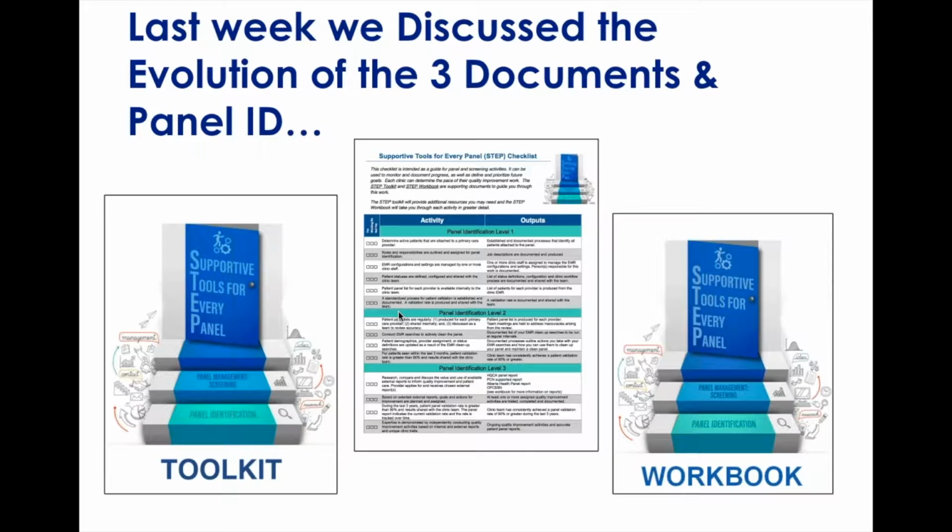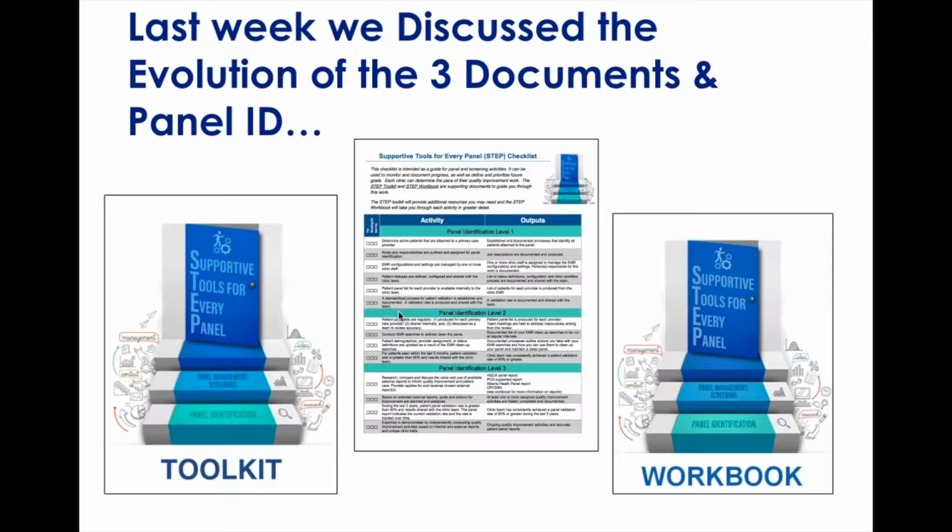The other part of what we did last week is we covered panel identification, those first 3 levels, and went through line by line. We talked about the importance of each of those activities, how these evolved, and the needs that we had.